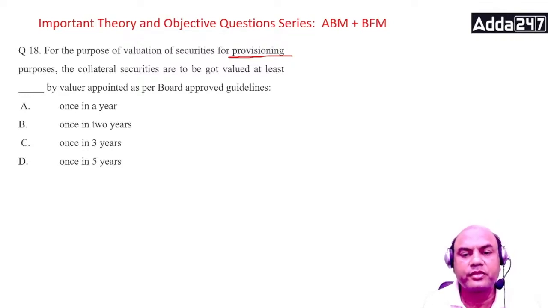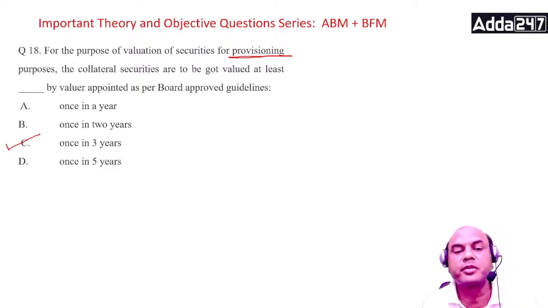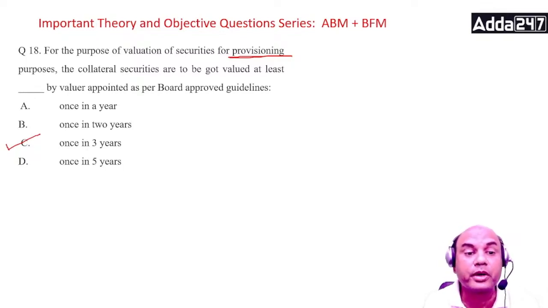It should be done at least once in 3 years for the provisioning purpose of securities. Valuation of those securities which I am using for the provisioning as secured or unsecured, I must get it valued by the valuer appointed by the board at least once in 3 years. Got it, everyone?